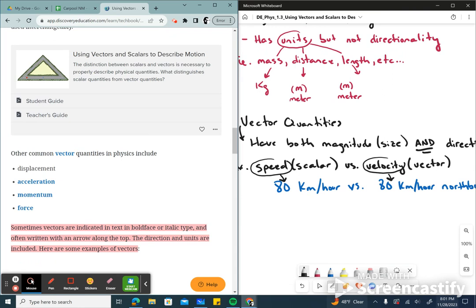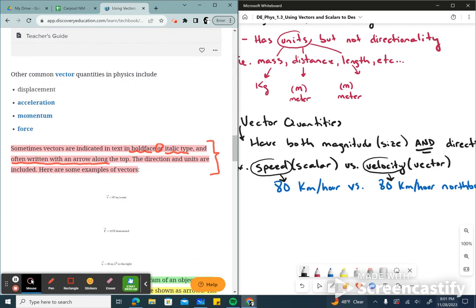Okay. Sometimes vectors are indicated in text. This is probably important. Boldfaced or in italics, and they often are written with an arrow on the top. The direction and the units are included. Okay, so this whole statement was a good statement.